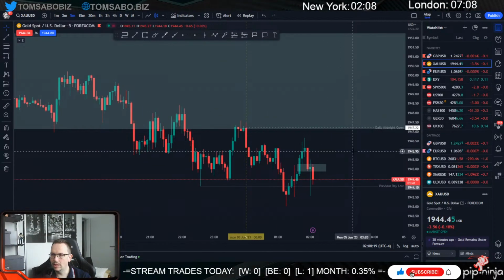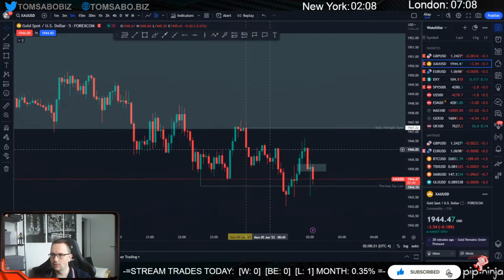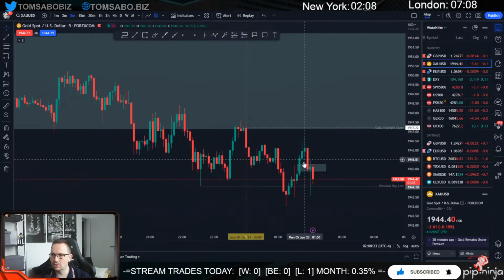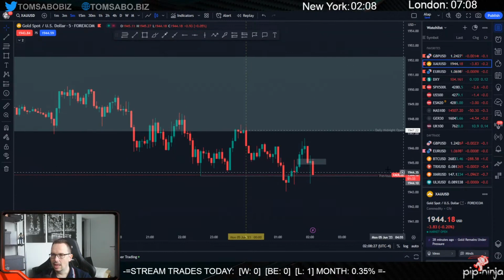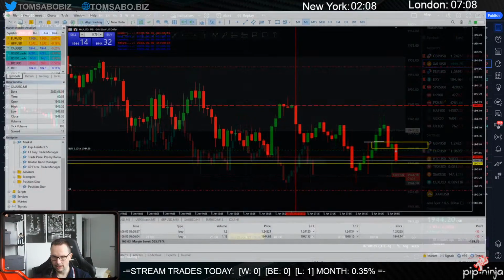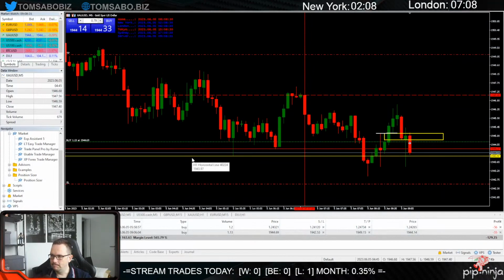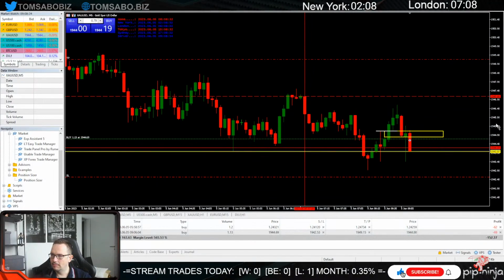It would be great to see gold spike up, although we didn't really break this structure with the wick, but we did break structure on this one. I'm not happy with this trade, honestly, guys. Absolutely not. Might consider to close it as it is and look for another one.